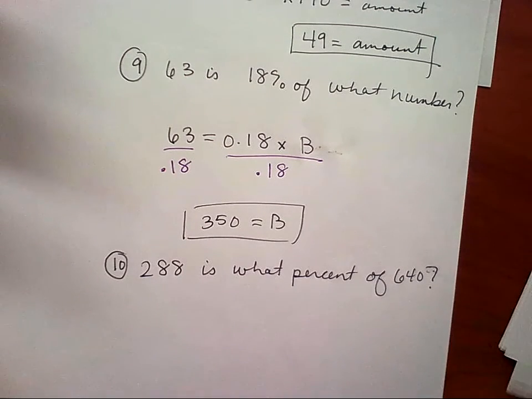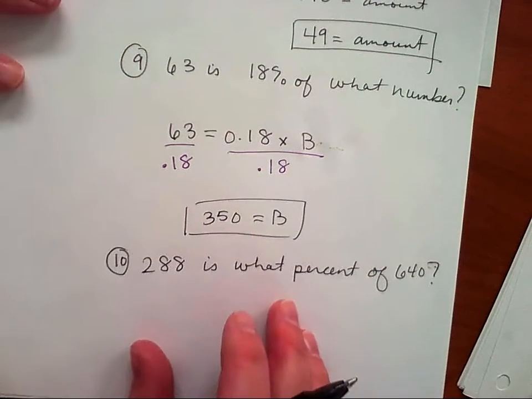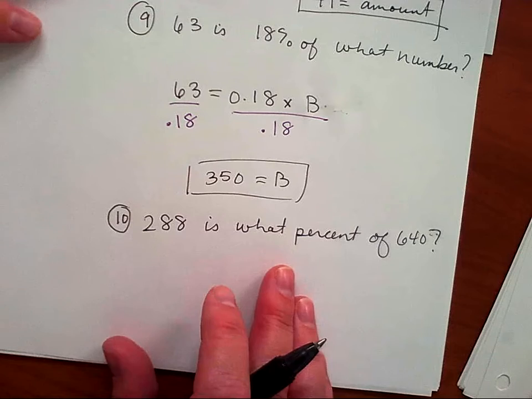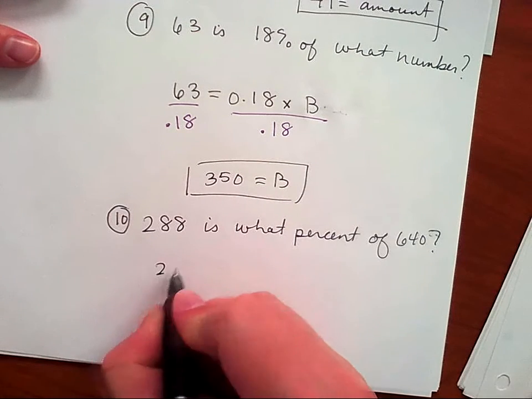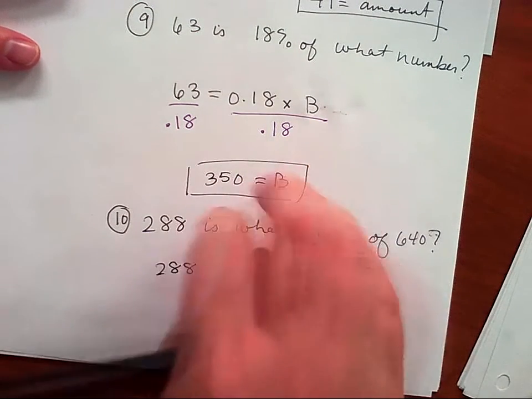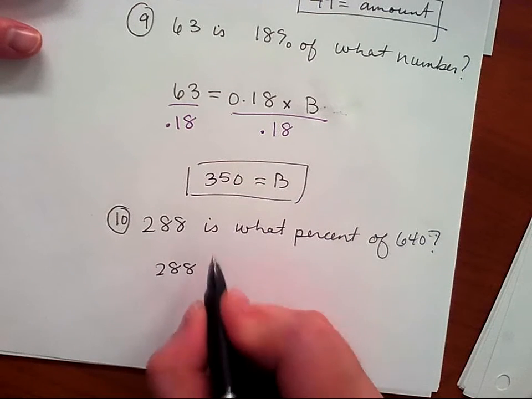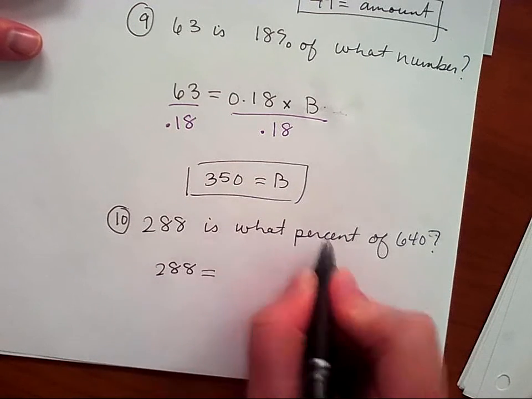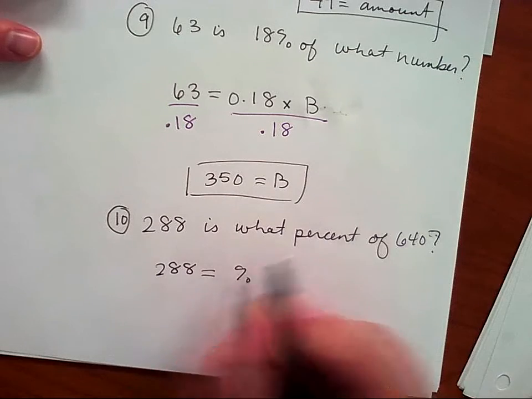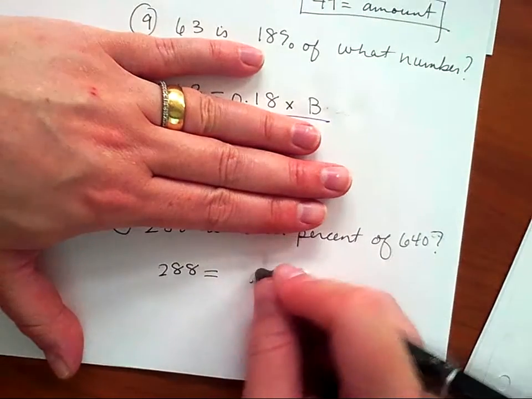Okay? Somebody help me set up the equation. 288 divided by 640. I want it set up directly from the words to the math. 288 equals what percent? I'll make it P, so it's not the percent symbol.